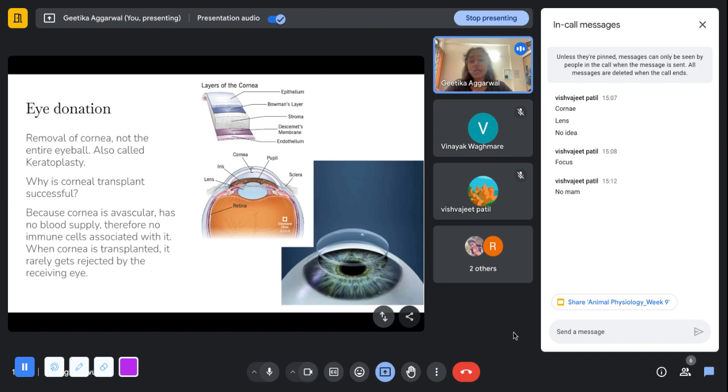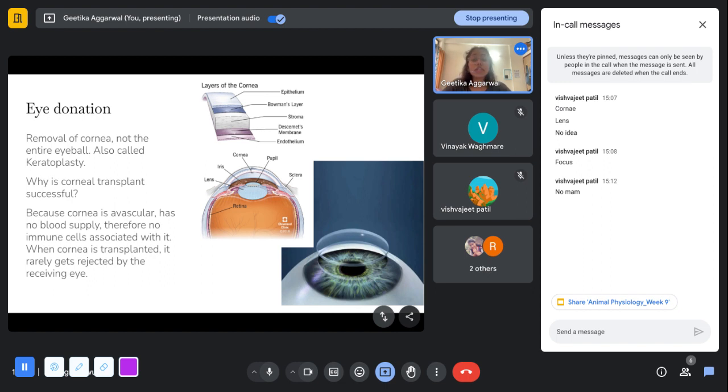There is no blood supply to the cornea, and therefore there are no immune cells associated with the cornea. So when a cornea is transplanted to a new person, the receiver's eye does not reject it. It most often accepts the cornea because there is no immune reaction against it, like is the case with most other organ transplants, where the organ gets rejected by the receiver because of having different immune cells or different blood groups. So you don't have to worry about all these things when it comes to corneal transplantation.